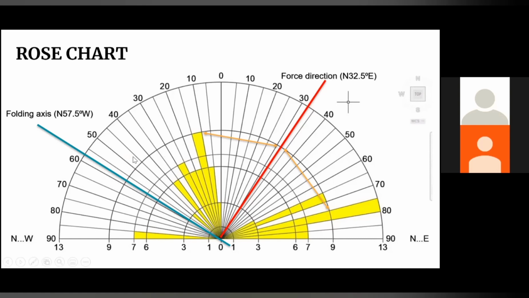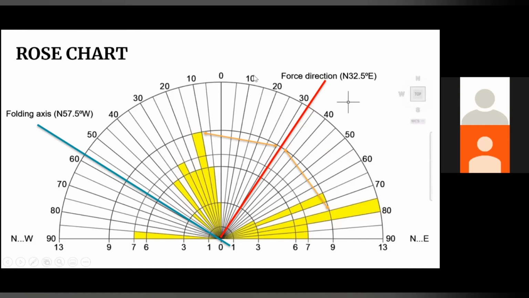In this Rose chart, the two maxima are 77.5 northeast and north 12.5 west. So we got the force direction the same as in the histogram: north 32.5 east.